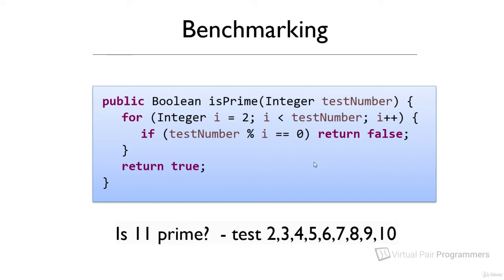We only need to go as far as the square root of the number. Now, the square root of 11 is 3.36. So actually, it will be sufficient just to test the numbers 2 and 3. If 11 is not divisible by 2 and 3, then it's a prime number. In other words, we can change this loop and shorten the amount of numbers that need to be tested. And it sounds like that should be an optimization worth making.